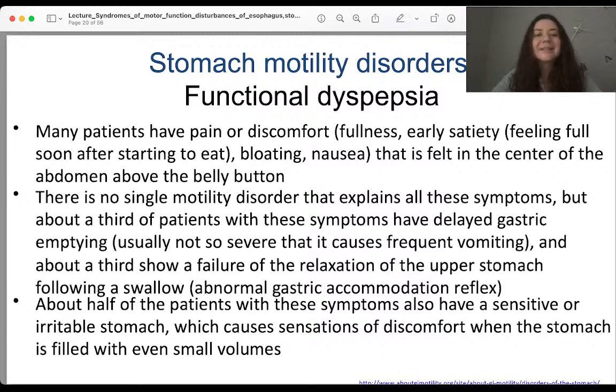There is no single motility disorder that explains all these symptoms, but about a third of patients with these symptoms have delayed gastric emptying, usually not so severe that it causes frequent vomiting, and about a third show a failure of the relaxation of the upper stomach following a swallow, or abnormal gastric accommodation reflex. About half of the patients with these symptoms also have a sensitive or irritable stomach, which causes sensations or discomfort when the stomach is filled with even small volumes.